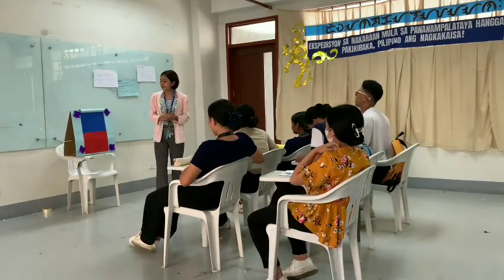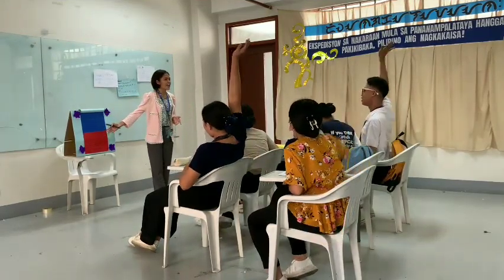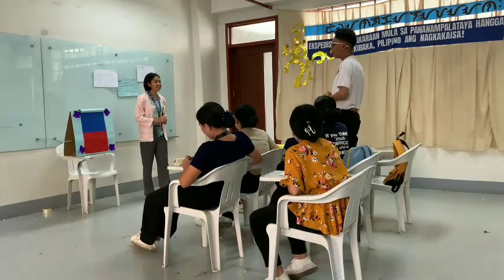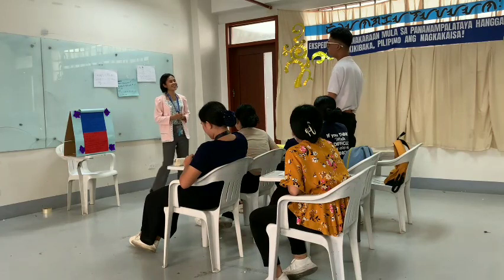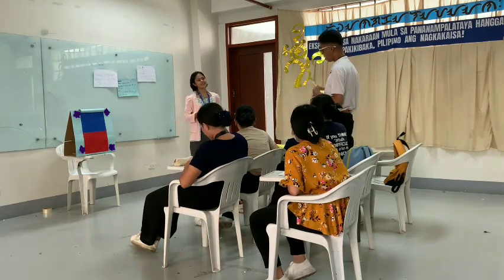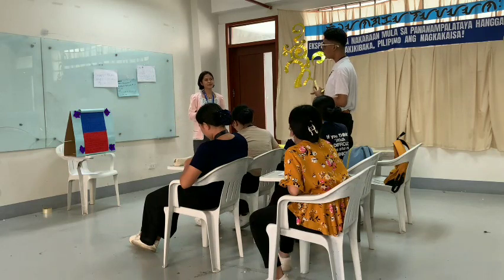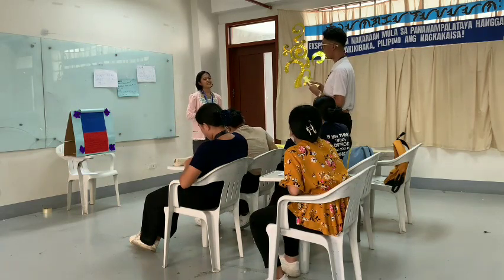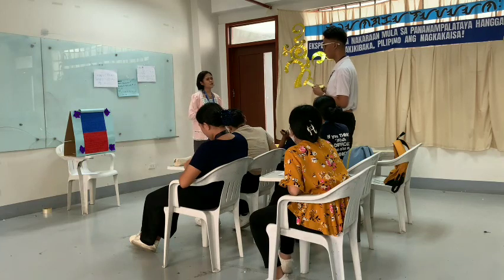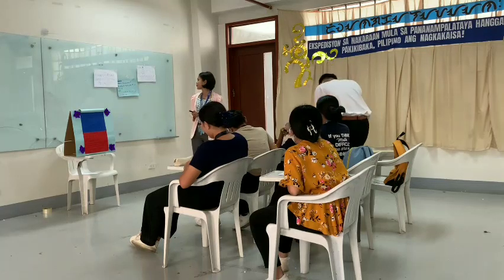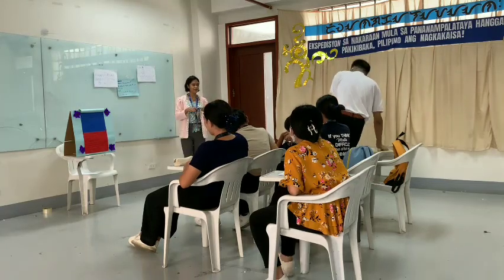And for number 5, who can answer? Yes, Joseph. For number 5, the mean is 16.56 and the median is 45, while the modes are 43 and 20. Can you show on the board how you came up with the mean and median, please?